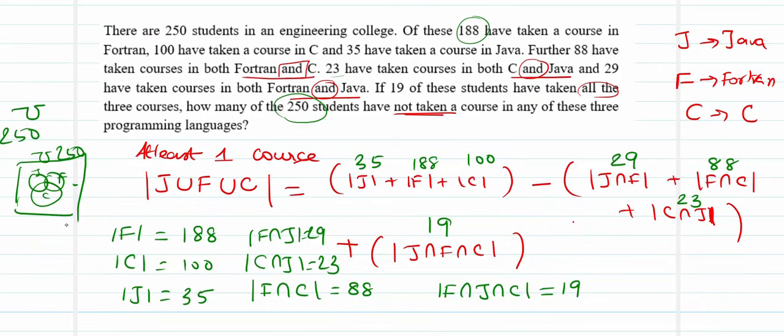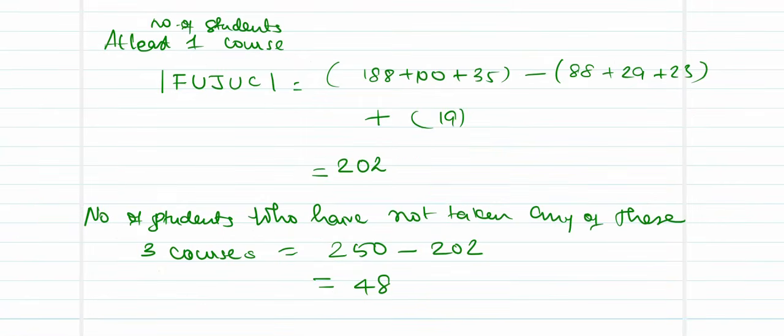This empty space contains 48 students who belong to neither Java, nor Fortran, nor C. So this is how the principle of inclusion and exclusion can be used to identify the number of persons who are pursuing or not pursuing any of the courses.